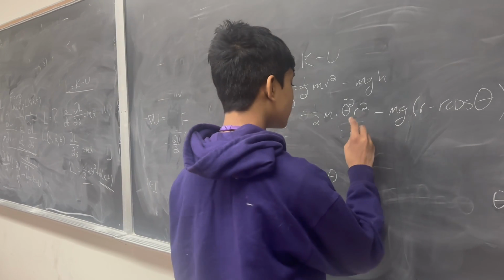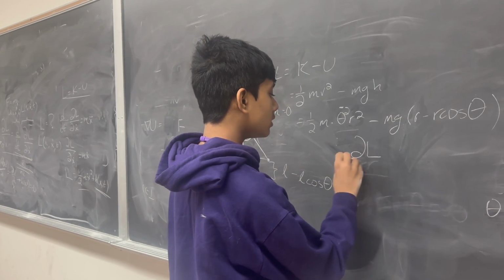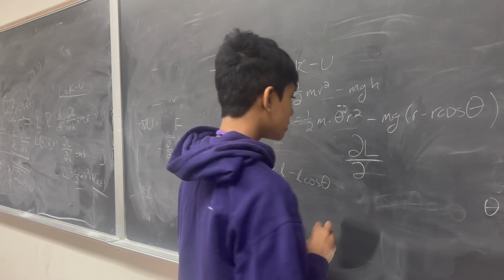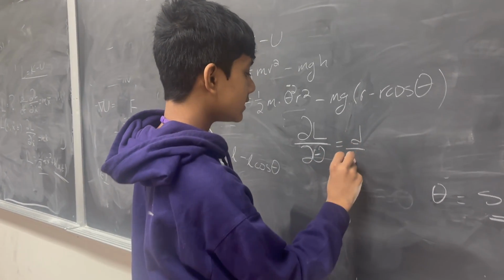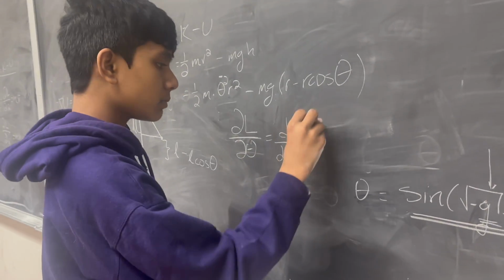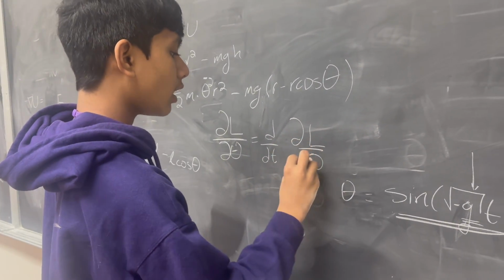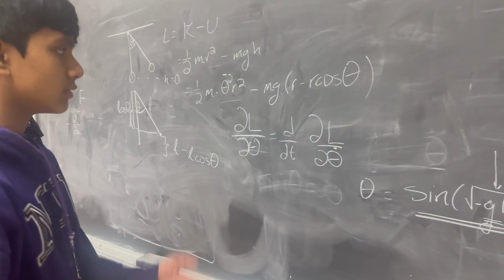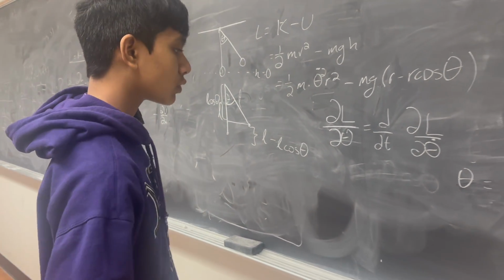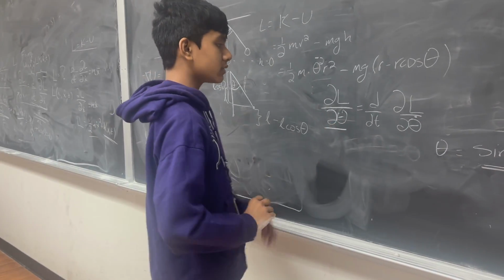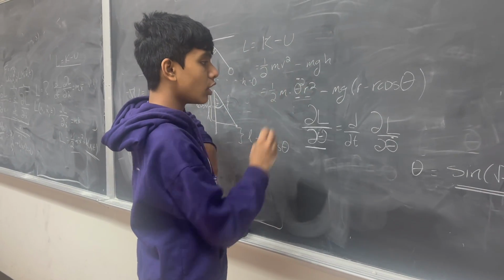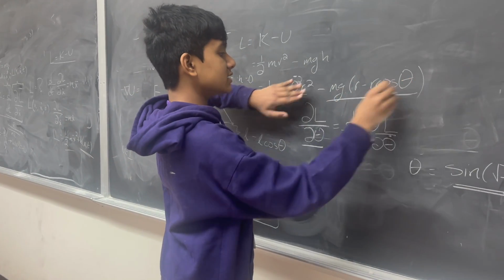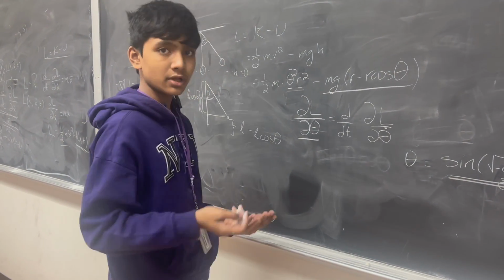So we have partial L, partial theta is equal to d dt partial L, partial theta dot. We plug in. Now, of course, if we do partial L, partial theta, this guy gets wiped because it's a function of theta dot and r, and this function stays. So let's plug that in.